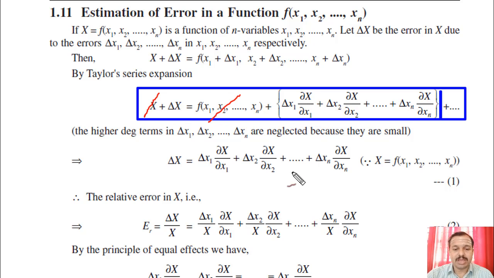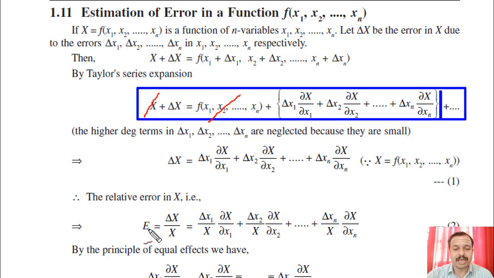Now the relative error in capital X can be written as delta x divided by x, because delta x is the error associated with capital X, that is the absolute error. Absolute error divided by the value of the function gives us the relative error.